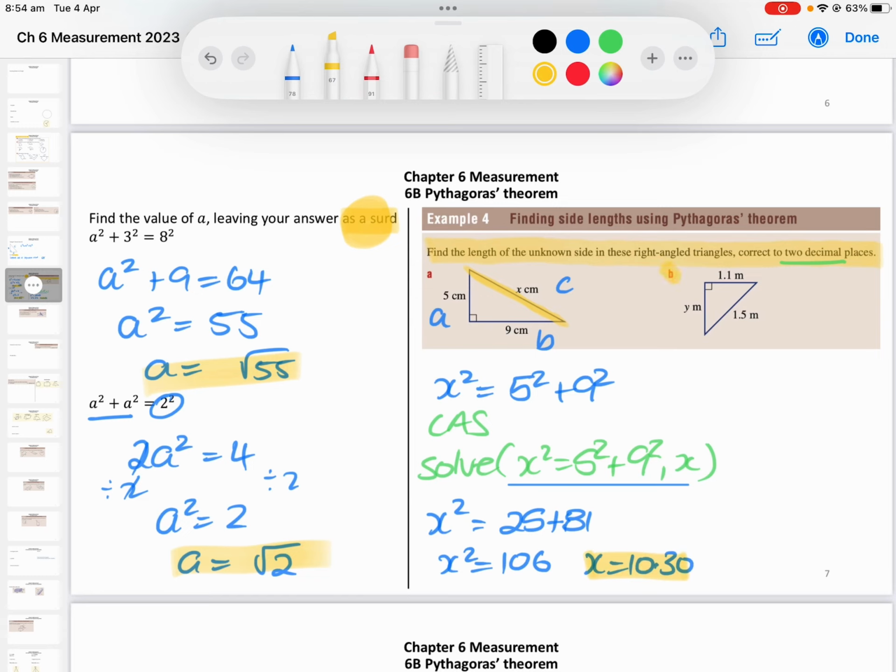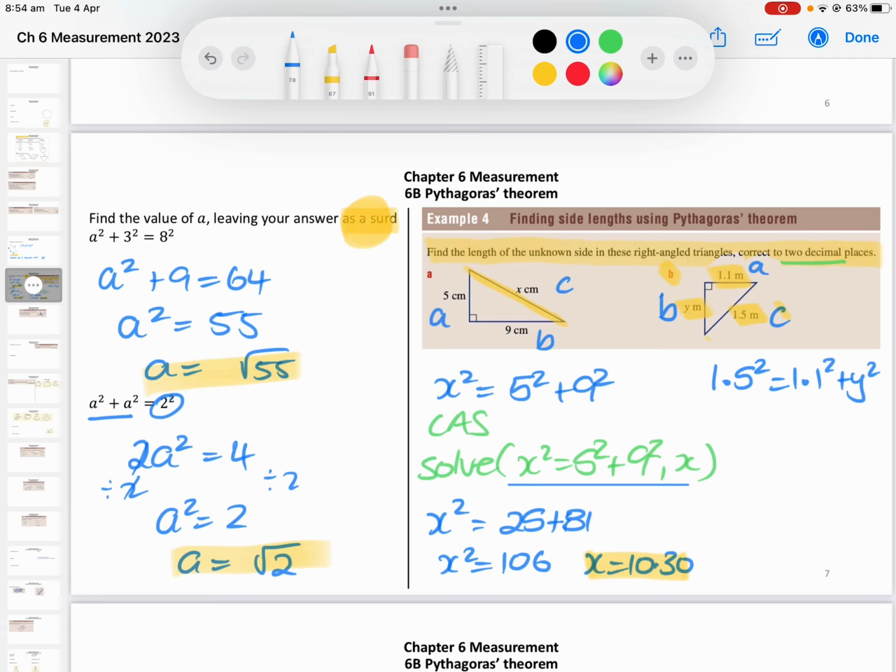This next one, B, is a bit harder, because now we know C, and it's one of the other sides we don't know. So I'm going to call this A, this B, and this C. It doesn't matter too much as long as you've got your C correct. So 1.5 squared equals 1.1 squared plus y squared. C is this one, A and B are the others. So C squared equals A squared plus B squared.